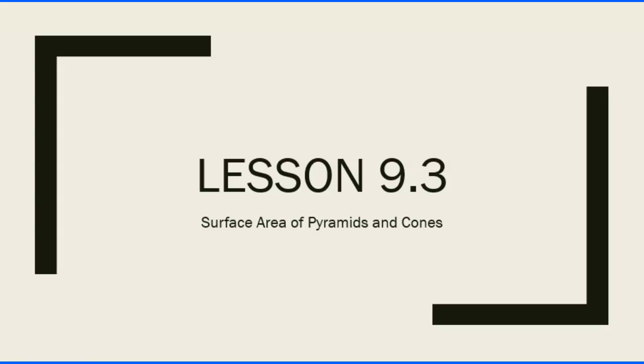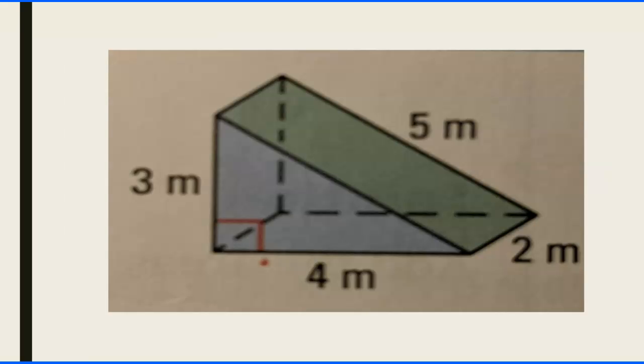We had run out of time, so I really couldn't do that. So I want you to take a look at page 484, example number 2. This was the triangle that we were looking at, and I had asked you to notice what the base was, and the base appears to be a rectangular base.